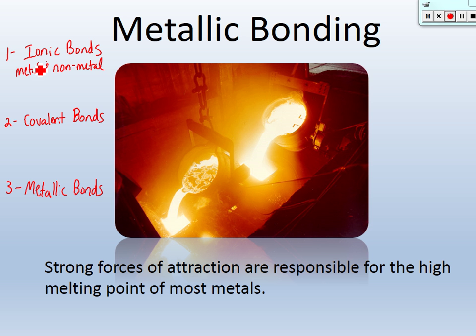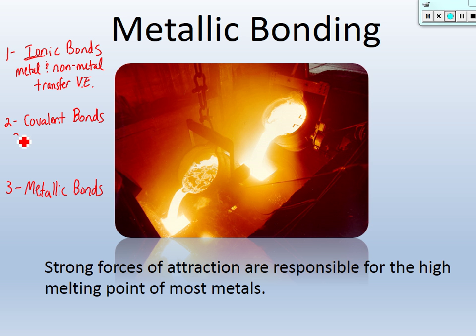So if you have an element that's below and above the staircase, it's held together by ionic bonds, and they transfer valence electrons. There's a complete transfer. The metal will totally transfer its electron over to the nonmetal. And that's why you have ions, either a cation or an anion, and then they hold together because of the opposite charges.